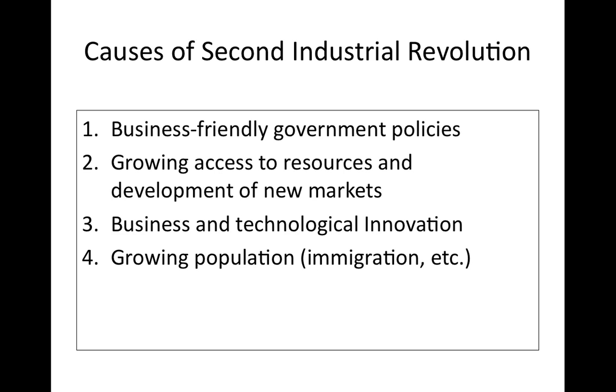Much of that helps lead to the peopling and the growth of the population in the West, which allows access to resources and development of new markets there. A lot of innovation during this time, thanks to a great deal of investment that comes in part from the profit made by railroad companies.